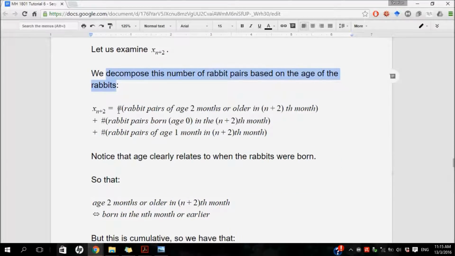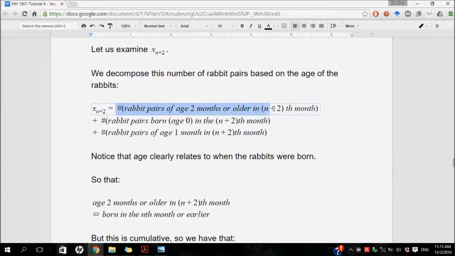We will look at the number of rabbit pairs of age 2 months or older in the n plus 2th month. Notice that all of these rabbit pairs are those that are able to reproduce already. That's what we know, because once they hit the age of 2, they can start producing a pair of rabbits.